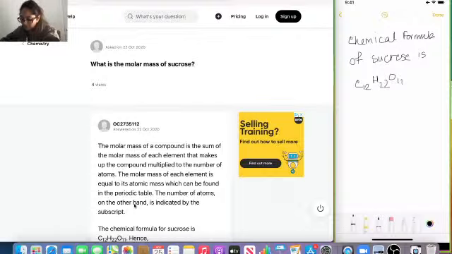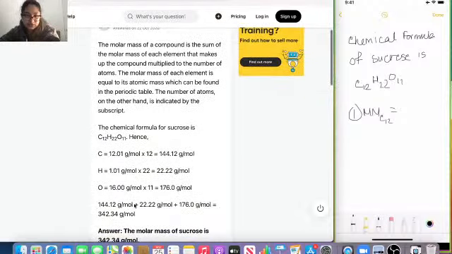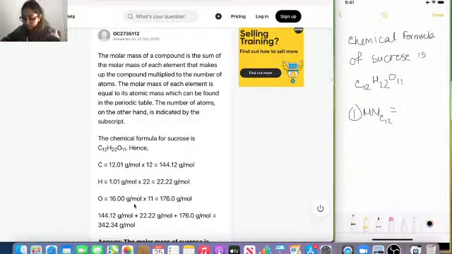And so to find the molar mass, let's break the chemical formula into their atoms. And so let's first find the molar mass of C12. Okay, and so the molar mass of one carbon atom is 12.01 grams per mole, and again you get this from your periodic table, right?